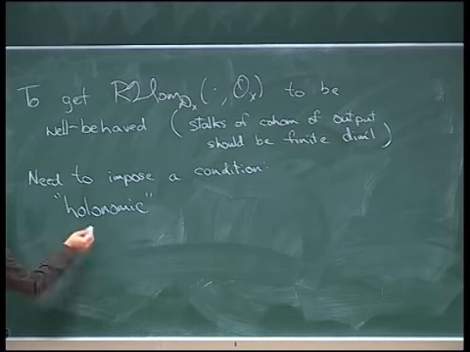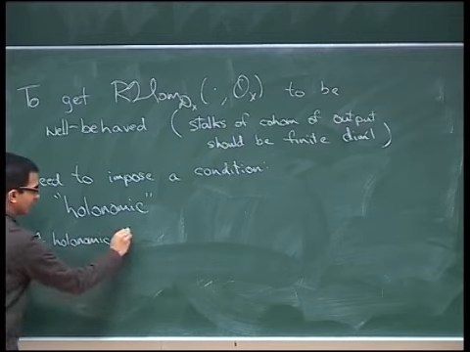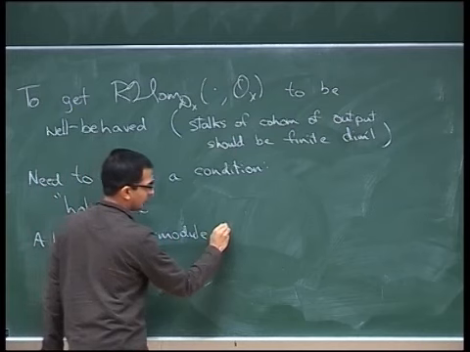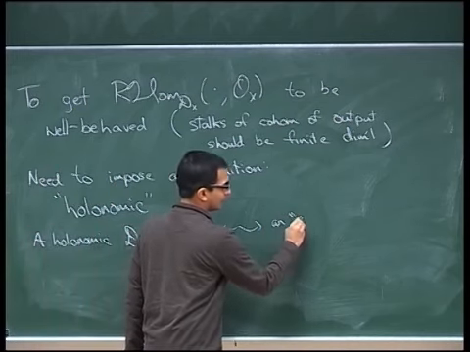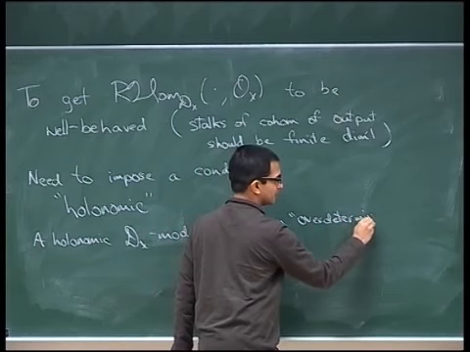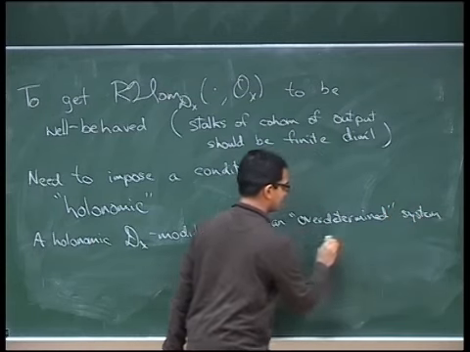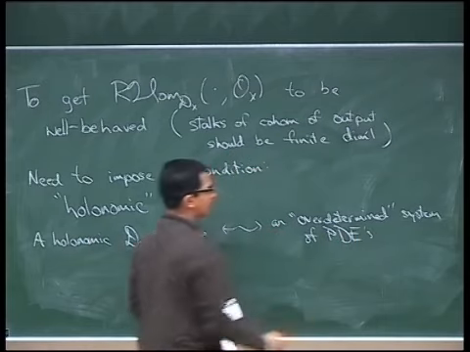But roughly, a holonomic D module is something that corresponds to an overdetermined system of partial differential equations.